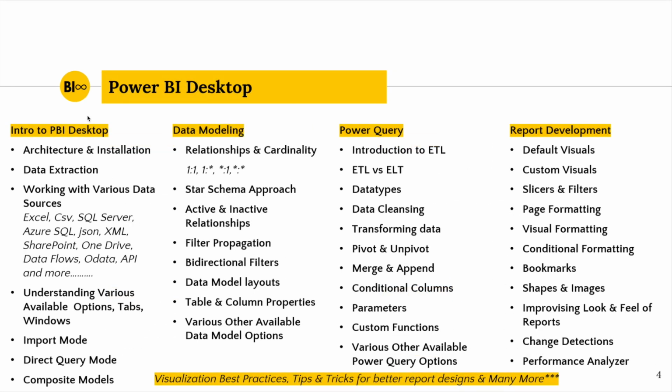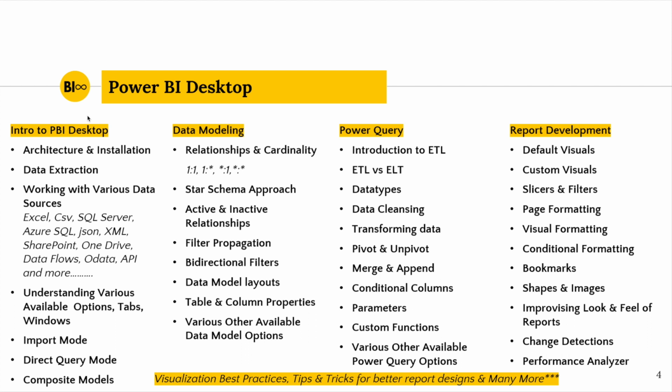So this is Power BI Desktop. We'll start with an intro to Power BI Desktop, the architecture and installation, and how we can extract data from multiple sources using Get Data. We will see multiple sources, not just one or two, at least 10 different sources in these sessions. We will also see the different options available and various tabs and windows in the Power BI Desktop environment.